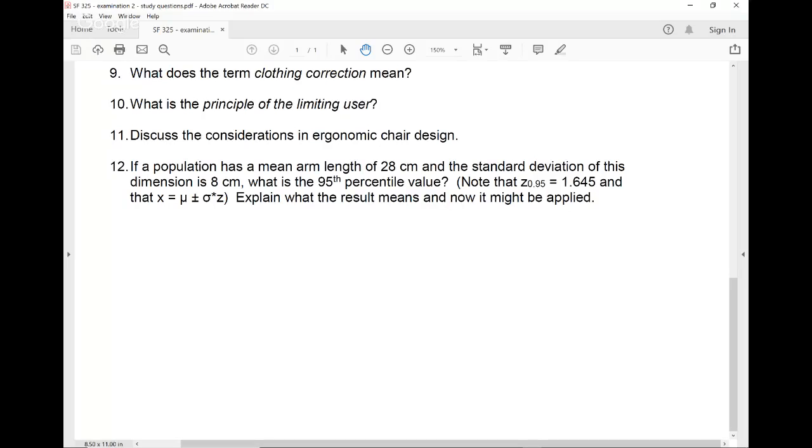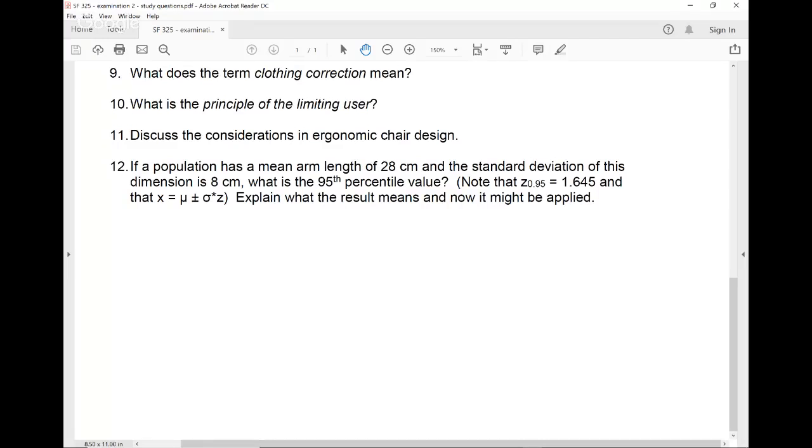We're looking for the 95%. Let me erase this. We're wondering about this 95% of our population. Technically, the percentiles will be 97.5 and 2.5. Those would be the percentiles, but in between these two numbers is 95% of our population.